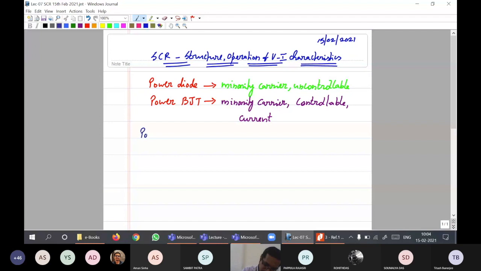Power SCR. Simply SCR is enough. SCR represents silicon controlled rectifier. This is the head of the thyristor family.